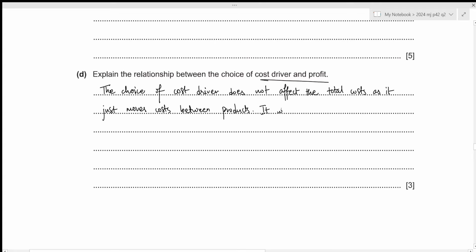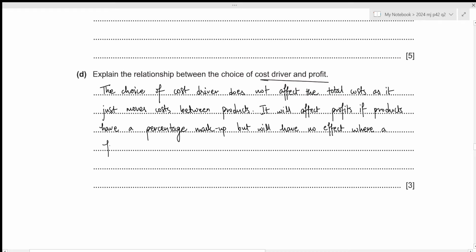It will affect profits if products have a percentage markup but will have no effect where a fixed markup is used. That is all for the fourth part. Let's move towards the next one.